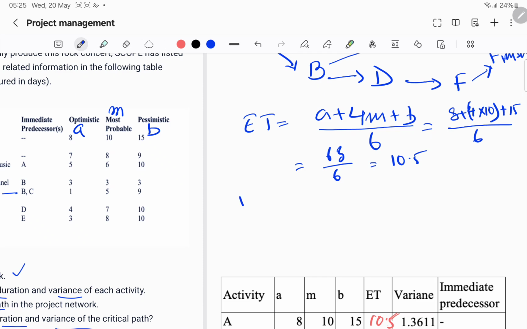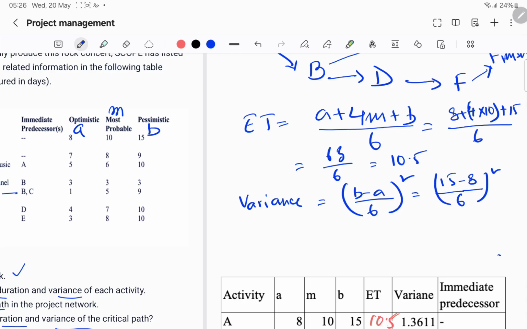And then the variance would be B minus A divided by 6, whole square. So for activity A, B is 15 and A is 8, divided by 6, whole square. 15 minus 8 is 7, 7 by 6 whole square.